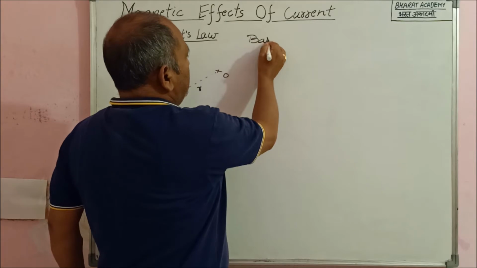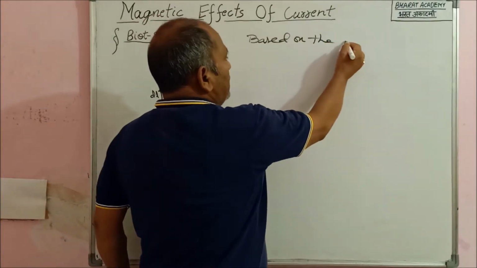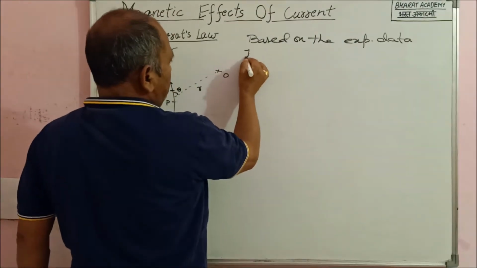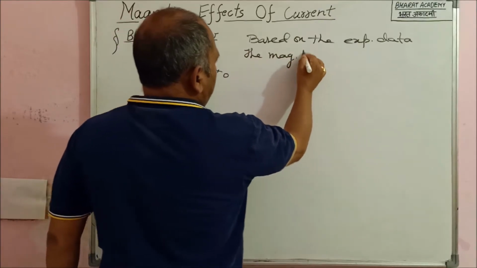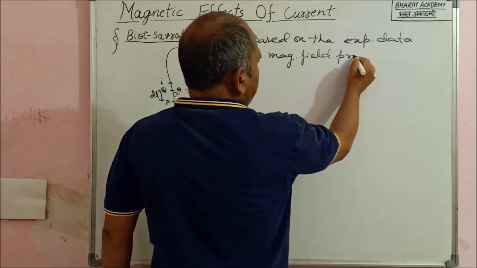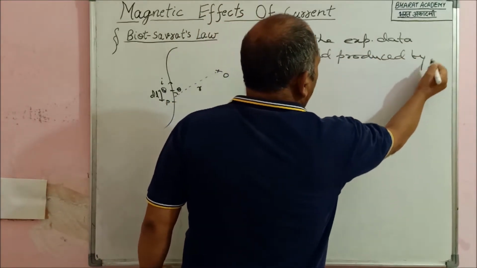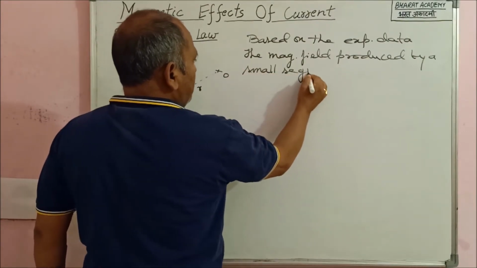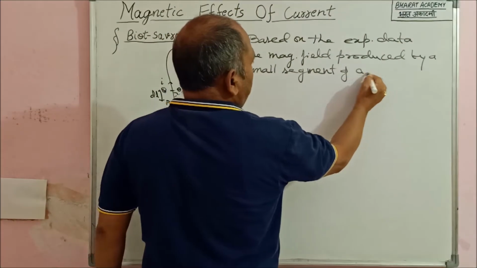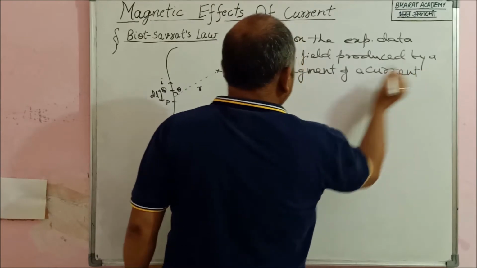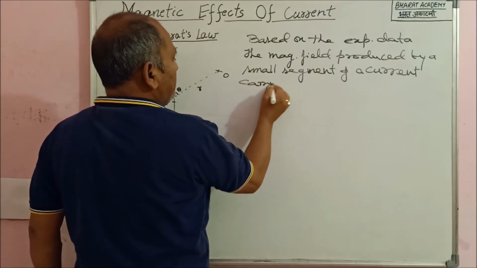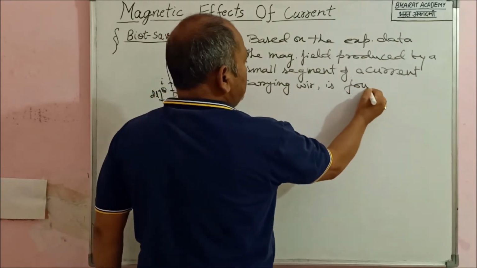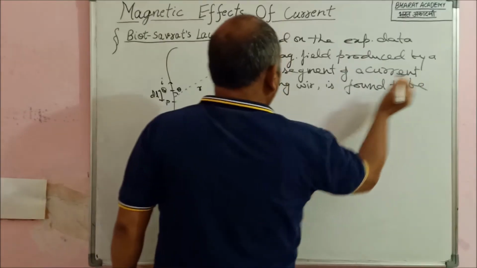Remember, based on the experimental data, what they found: the magnetic field produced by a small segment of a current carrying wire is found to be what?